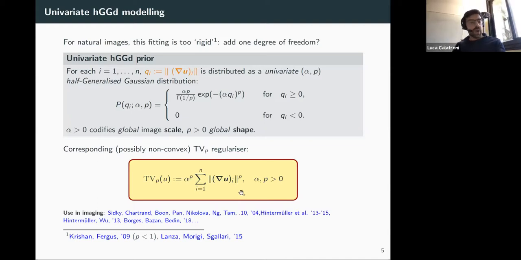So it shouldn't be surprising that having exponents smaller than 1 provides a better fit of my histograms from the point of view of sparse optimization, because we know that whenever we move from a convex to a non-convex regime, and in particular consider some Lp norms, sparsity is much more enforced. That is just a nice connection, I think, to some recent work on the use of this type of image regularization models in the context of image reconstruction and image restoration.